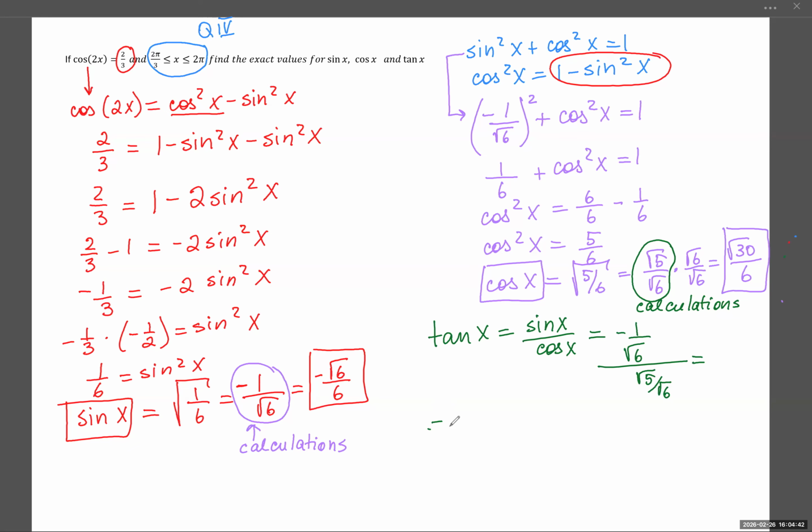Then if you rewrite it as not division but multiplication, this is negative 1 over the square root of 6 times, and then flip the fraction on the bottom, square root of 6 over the square root of 5.